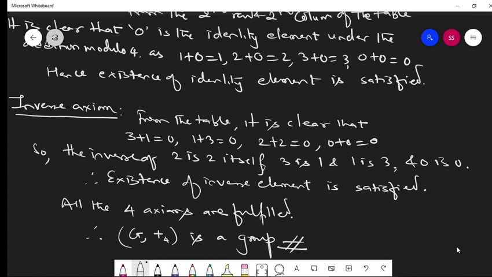Now, for the closure axiom, the first part is the closure axiom. Let's check the closure axiom from the table.